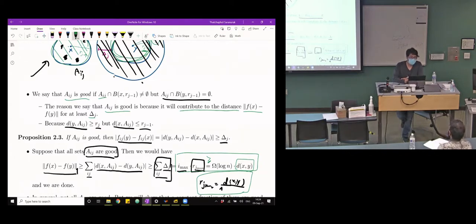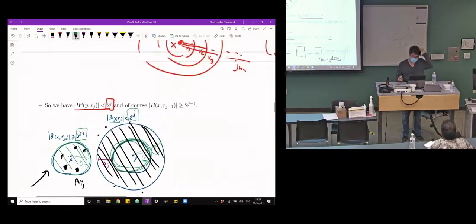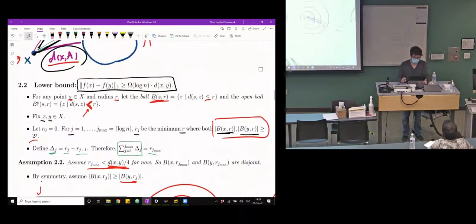Rj max is defined as encompassing all vertices, right? Say it again, sorry. Rj max is the distance to the last vertex from y, right? What is Rj max?